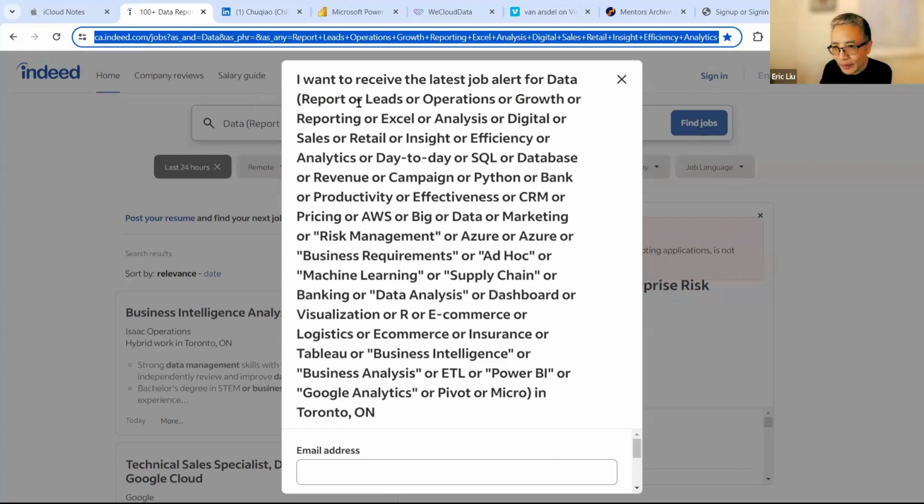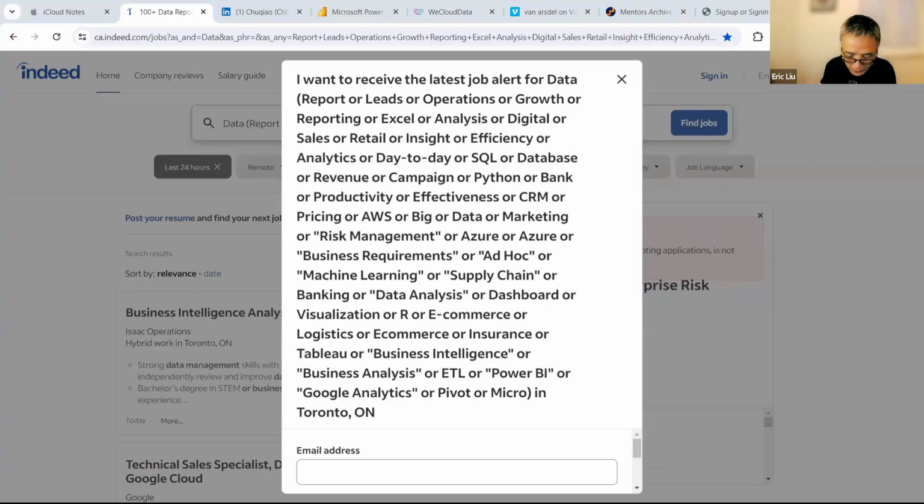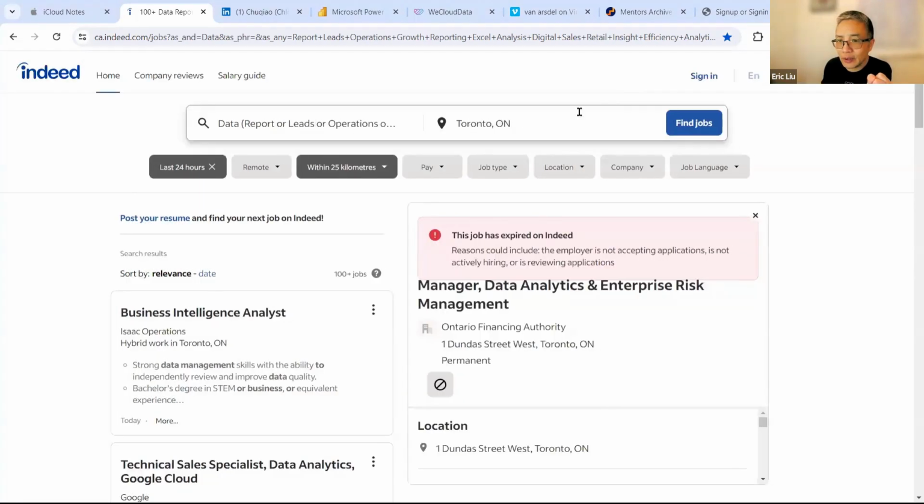You can see I use OR to separate all these keywords: report, needs, operations, growth, and some of them are key phrases, so I put them within quotes. And this is a really good search criteria. You can use it, and you can change it, and you can bookmark it. So every day you can click it to see how many jobs are available.